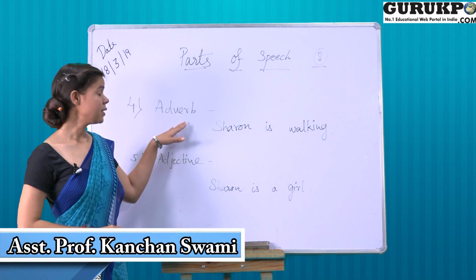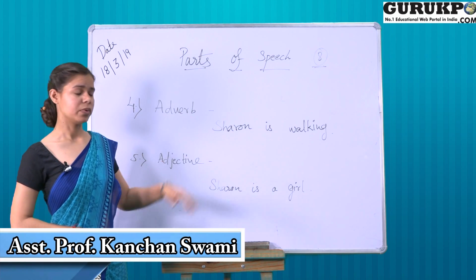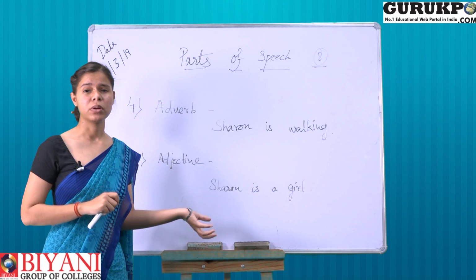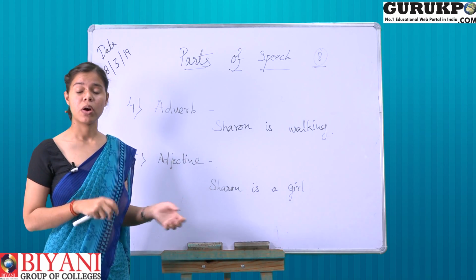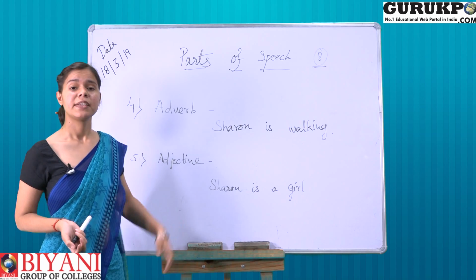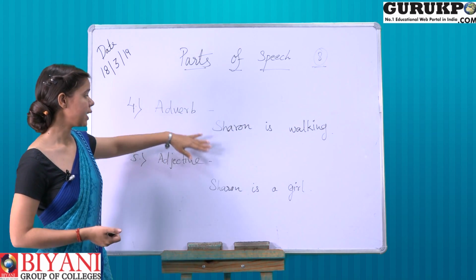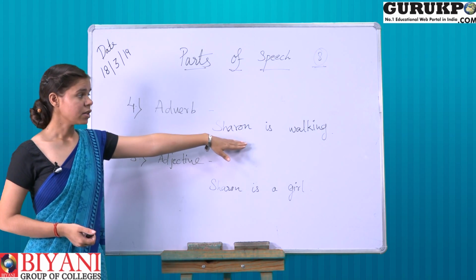Now next is adverb. What is an adverb? An adverb is the word that qualifies a verb, which modifies a verb or an adjective. It tells how the verb is being done. Okay, so here we will take a sentence. Sharon is walking.